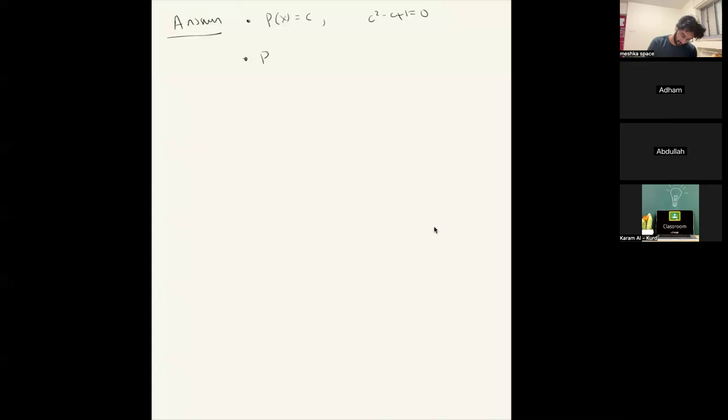Or P of x equals T to the power k of x for some k greater than or equal to 1, or P of x equals x. These are the solutions.